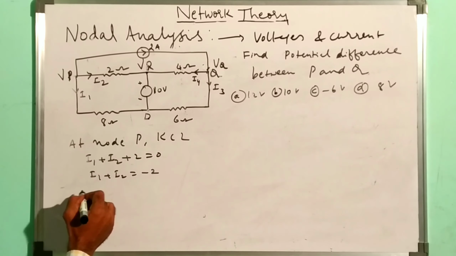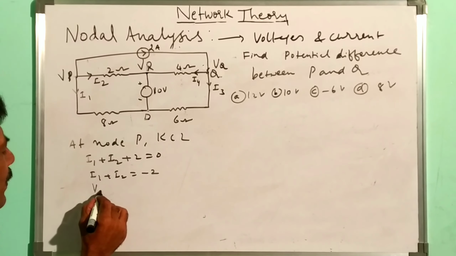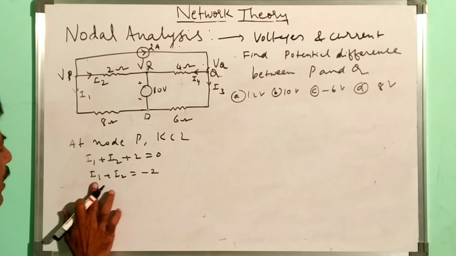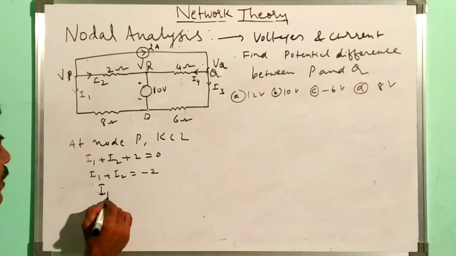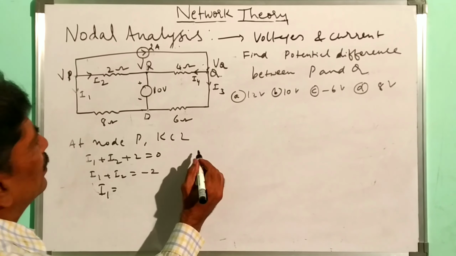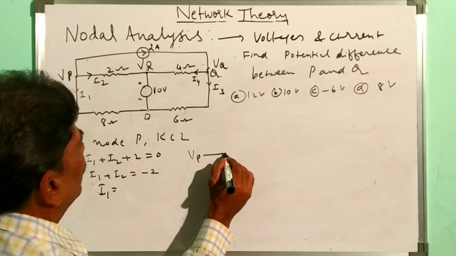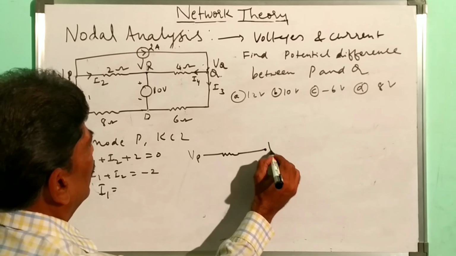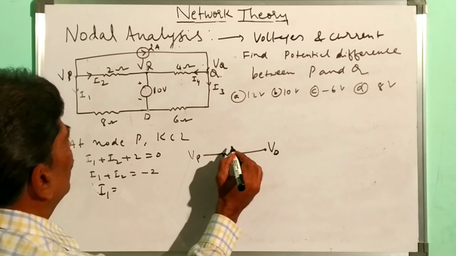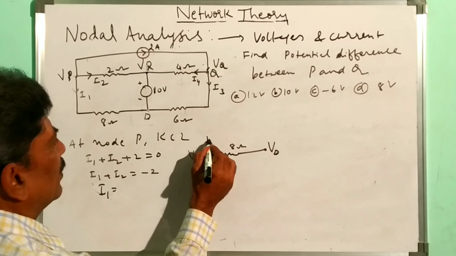So what is I1 now? We can draw this separately to make you understand. VP, and this is VD, the datum node, and 8 ohms. I is the current I1.